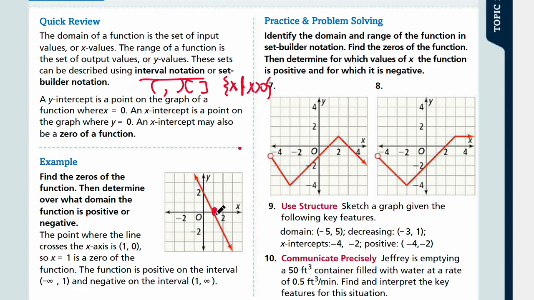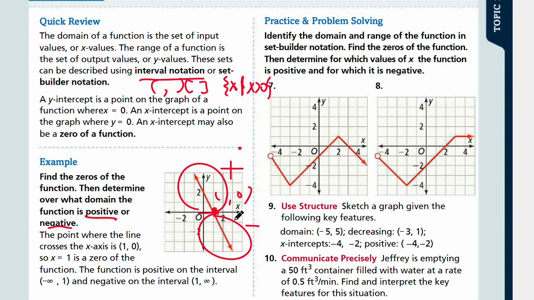So there we are, (1, 0). So we found the 0, then determine over what domain the function is positive or negative. This is decreasing throughout the entire function, but it's only positive when y is positive. So this part is positive. Positive and increasing are different things. And this part is negative.